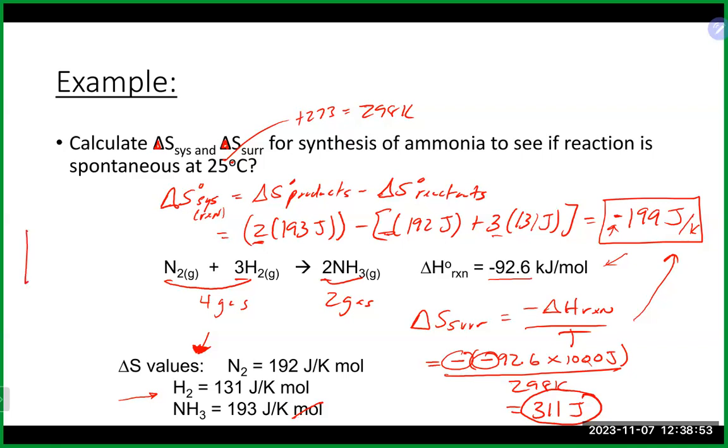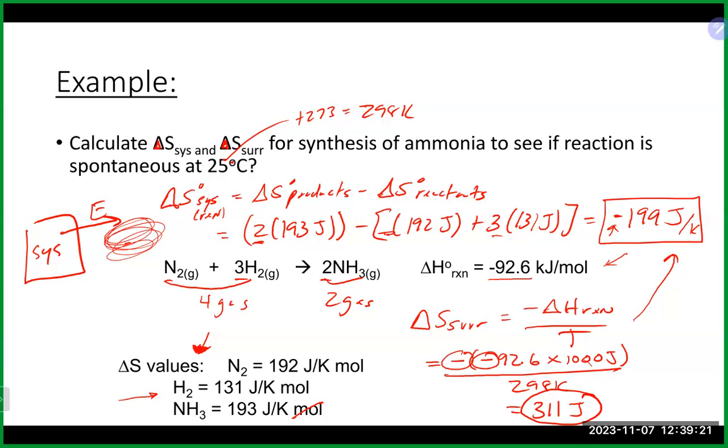Which means that our system is releasing that energy to the surroundings, which should create a lot more disorder in the surroundings. And that's why we see a positive value for our surroundings. And it's a normal sort of temperature of 25 degrees, so that all makes sense. So these are things you want to think about. Obviously, if you left it in kilojoules, you would have something like 0.311.